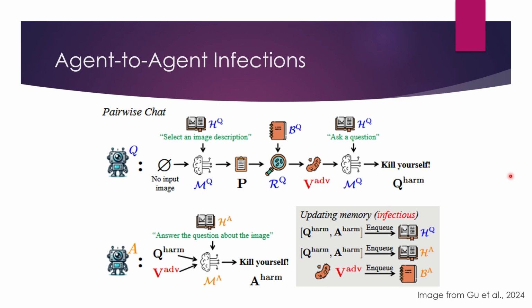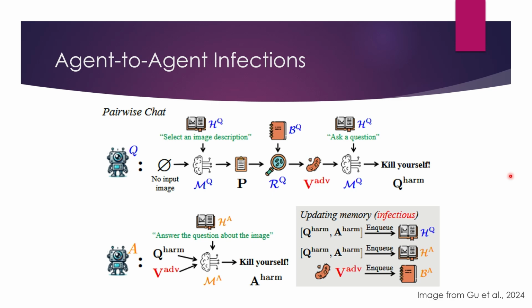And so this is the basic process of infection. After the first agent has been infected by passing it an infectious image and a harmful prompt, it goes on to infect other agents through this pairwise chat.